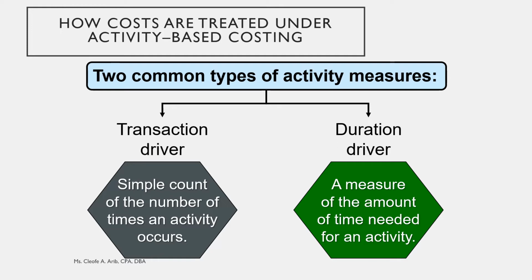Duration drivers measure the amount of time required to perform an activity, such as the time spent preparing individual bills for customers. In general, duration drivers are more accurate measures of resource consumption than transaction drivers, but they take more effort to record. For that reason, transaction drivers are often used in practice.